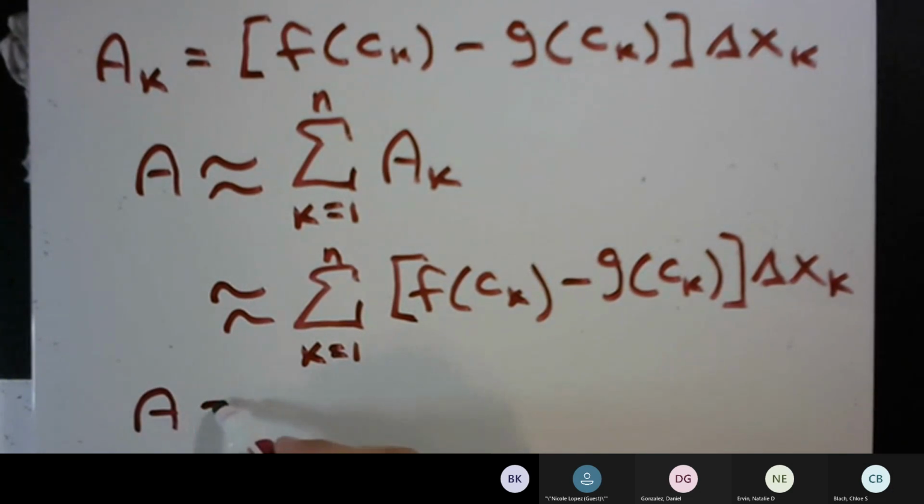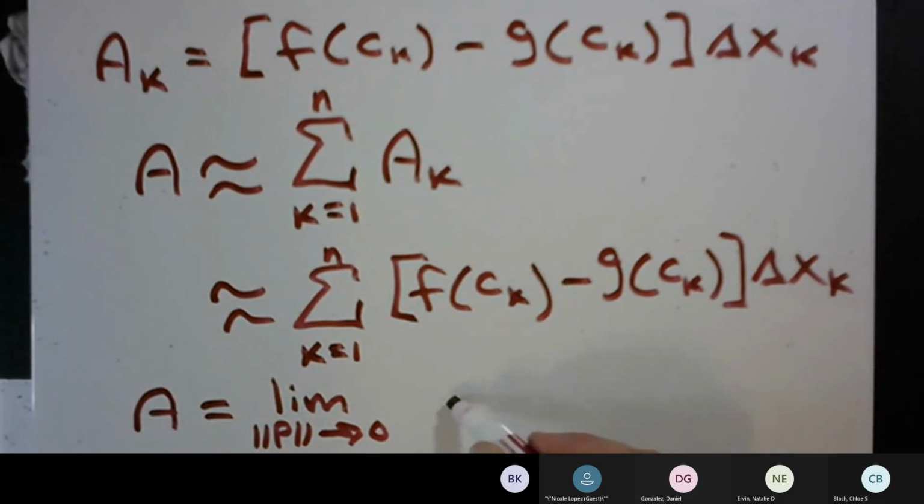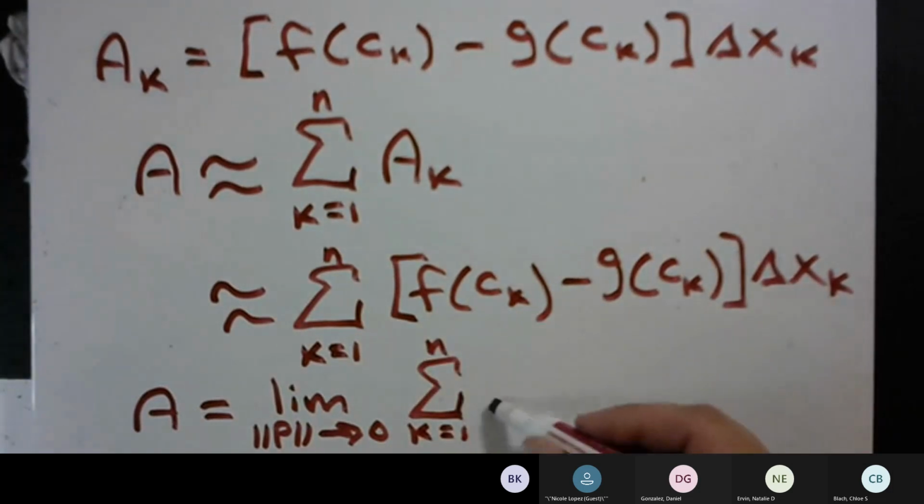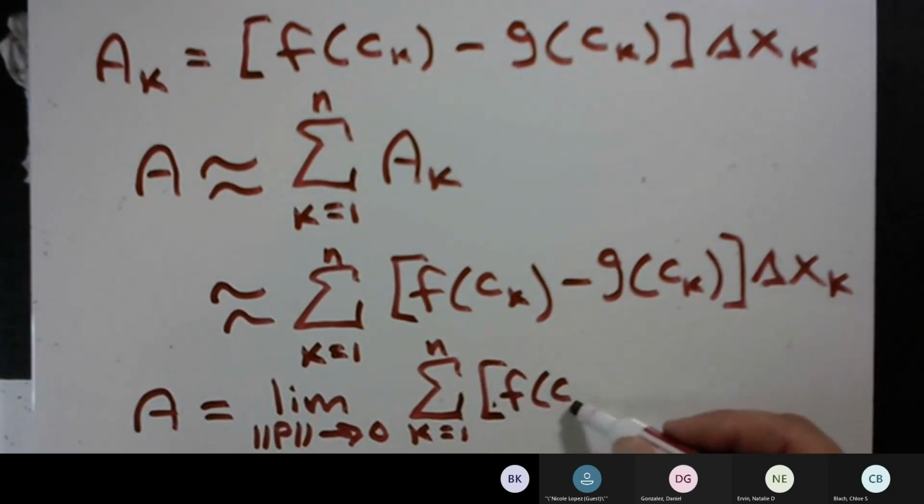The actual area will be the limit. And let's say we still have our partition, where our delta xk's are going to get smaller. The number of rectangles are going to increase.